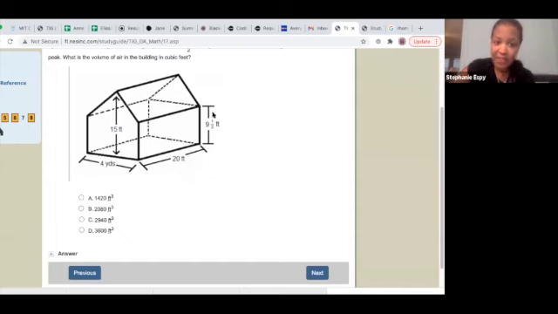So we have to take off the 9.5 to figure out just the part that goes from the top of the roof down to the point where we remove the base of it. So what is 15 minus this 9.5? 5.5.